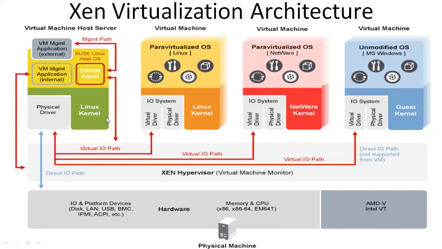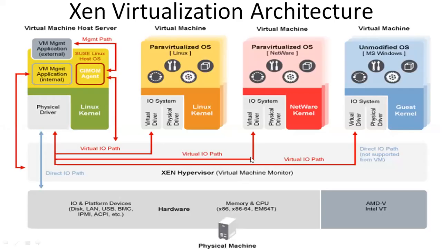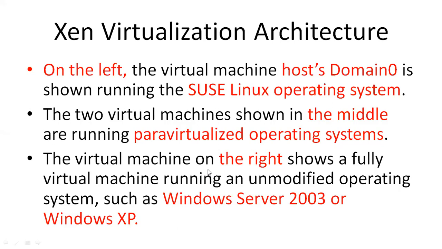On the left hand side there is one operating system that is called the host server. The left hand side indicates the host server architecture. Once again, on the left hand side you have host domain 0 running the Linux operating system, and in the middle you have two different operating systems running on a para virtualized operating system.